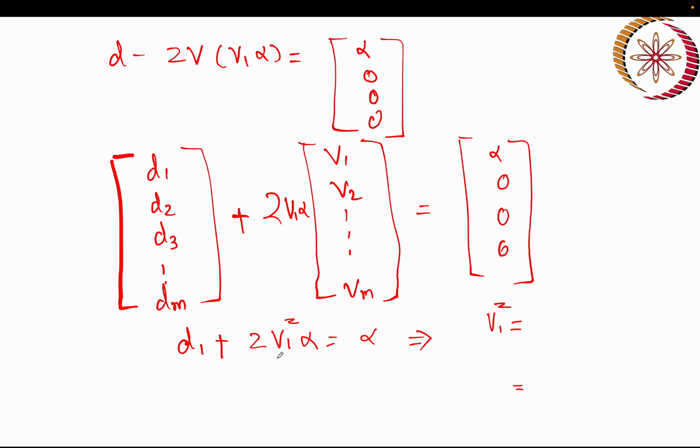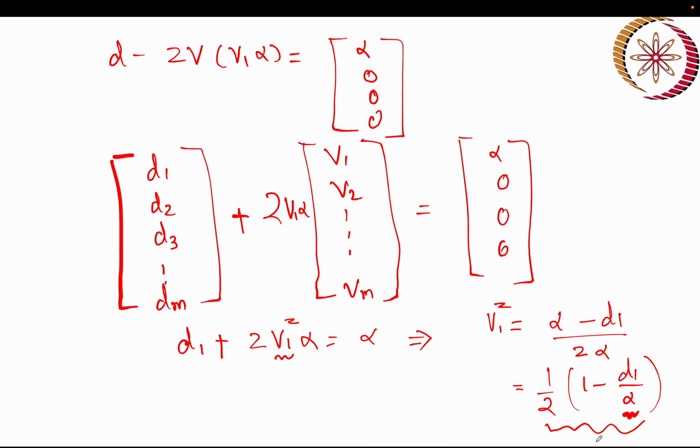So V1 square is equal to alpha minus D1 divided by 2 alpha. So we can take half out, and then 1 minus D1 by alpha. And let's say this alpha is in our control.